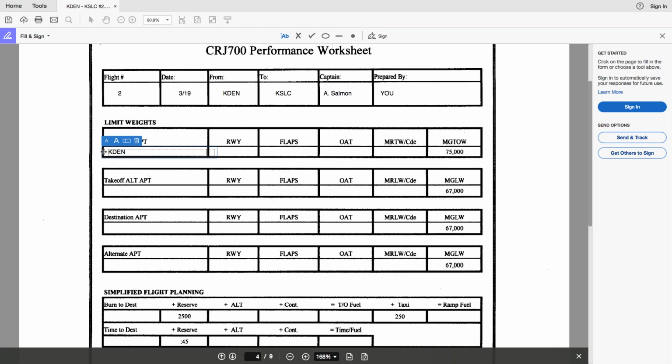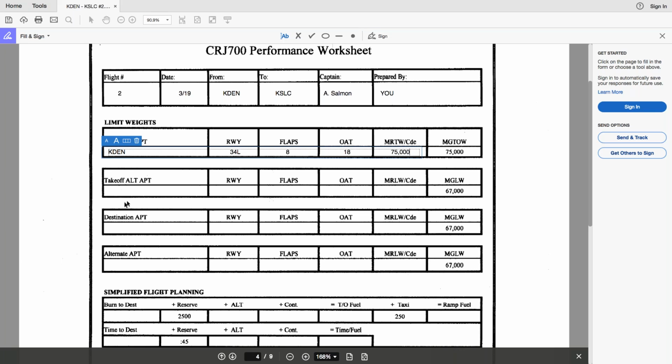For Denver. Our flaps, what are our flaps at takeoff in this class? Always going to be 8. Okay, 8. Our outside air temperature, 18 degrees Celsius. And what do we always put in the MRTW? The same number.